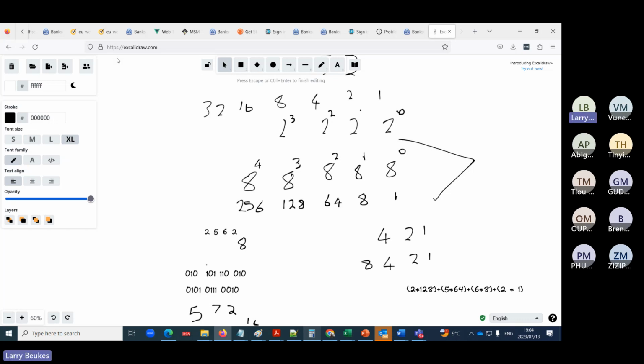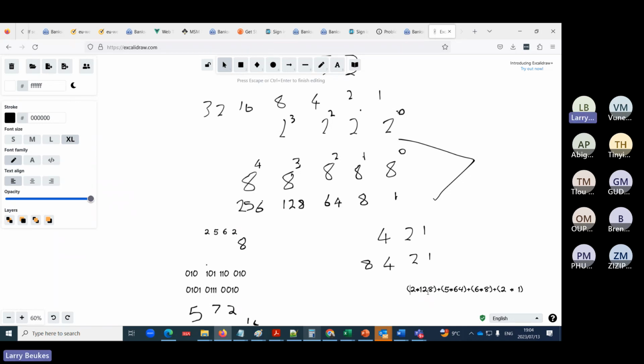So this method basically just takes the octal and converts it to decimal first. I prefer the binary one because you go straight to the answer: you go to binary, then group, then you get hexadecimal. But with this one, you're taking it to decimal first, so you need to multiply this out.